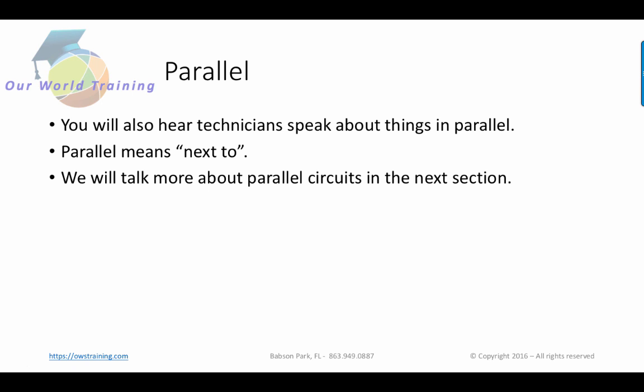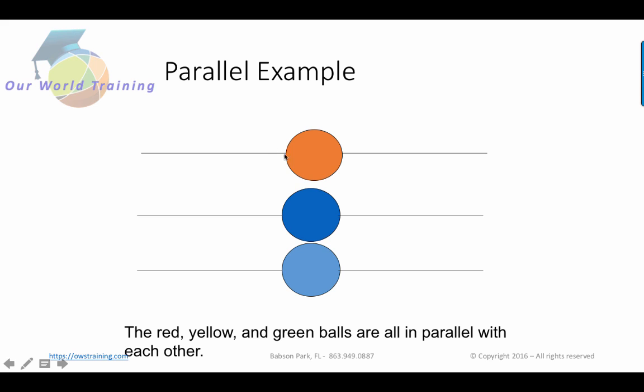Parallel means, again, next to. We talk about things being in parallel with each other. All it means is next to. Again, we're going to talk more about parallel circuits, but for now, the orange ball, the dark blue, and the light blue are all in parallel with each other.